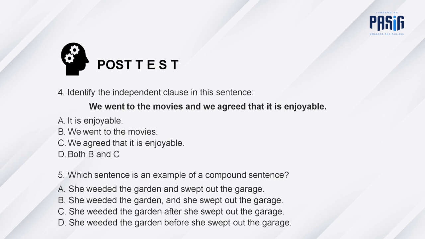Which sentence is an example of a compound sentence? Letter A. She weeded the garden and swept out the garage. Letter B. She weeded the garden and she swept out the garage. Letter C. She weeded the garden after she swept out the garage. Or letter D. She weeded the garden before she swept out the garage.